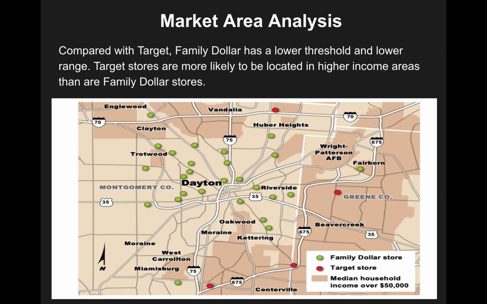Some of the stores might be more expensive or specialized, so they'll need an even higher GDP per capita. But we can see that there's a larger range and threshold for Target, and for Family Dollar, it has a much smaller range and smaller market areas, a smaller hinterland.